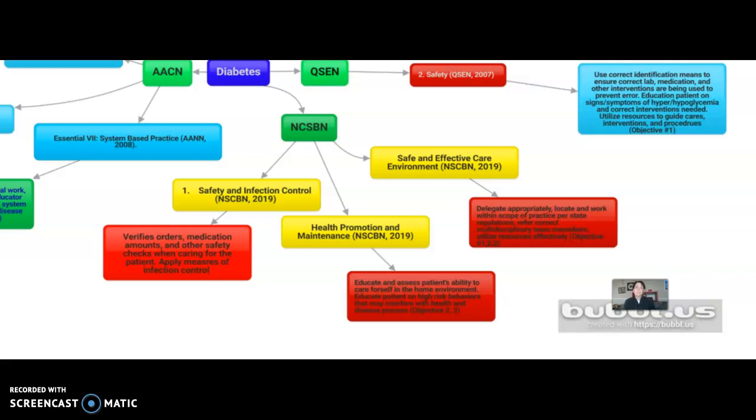And this really helps kind of solidify that concept of knowing your resources, knowing where that nurse practice act is and what your scope of care is, knowing where to find the institution's policies and procedures guidelines, who is on that multidisciplinary team, what are their strengths, how can they help you with this thorough management of your patient, and how to implement the interventions, education, and cares needed to correctly take care of this patient.